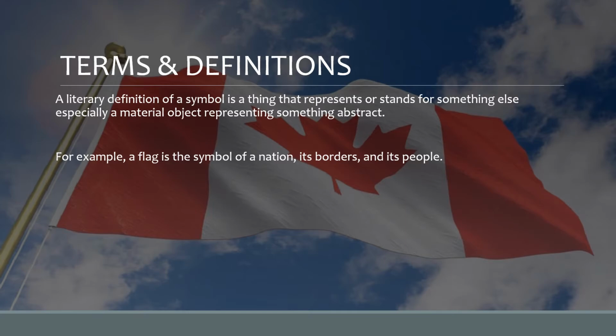It's concrete. And it is normally representing something abstract, like the idea of justice or peace or goodwill, joy, happiness, love. For example, a flag is the symbol of a nation, its borders, and its people.